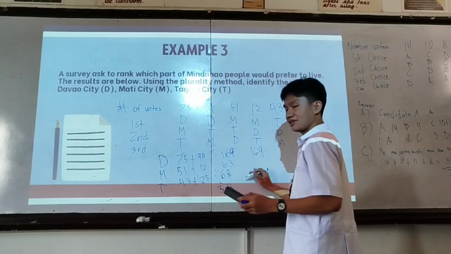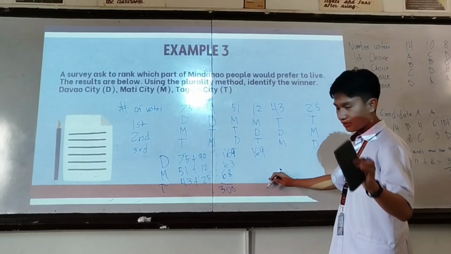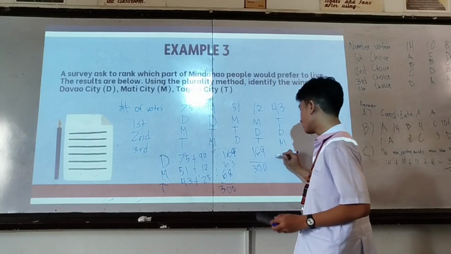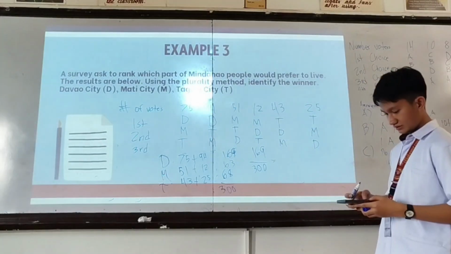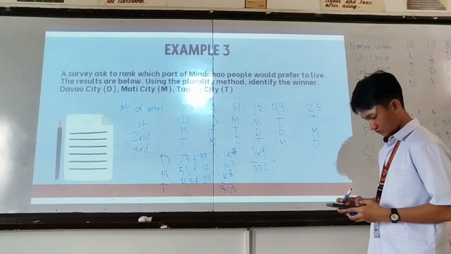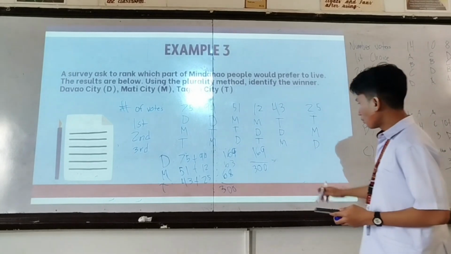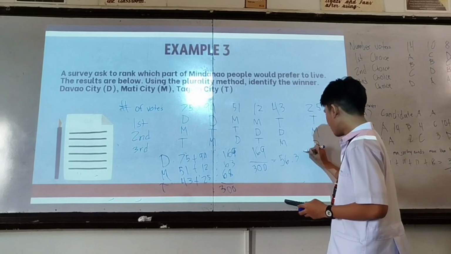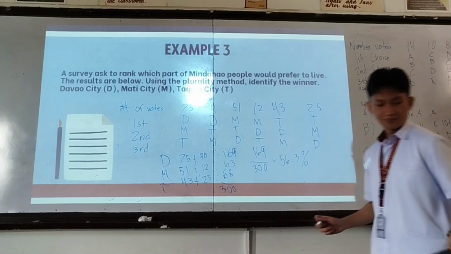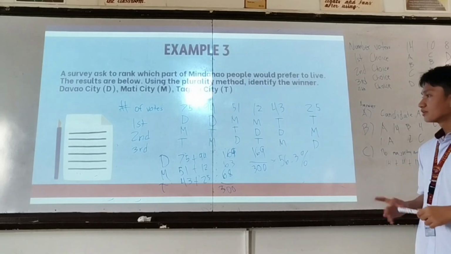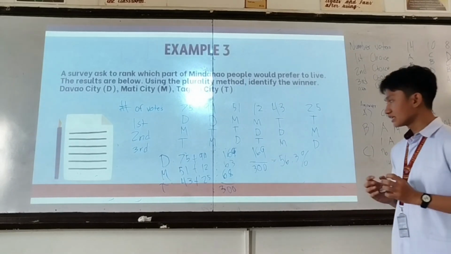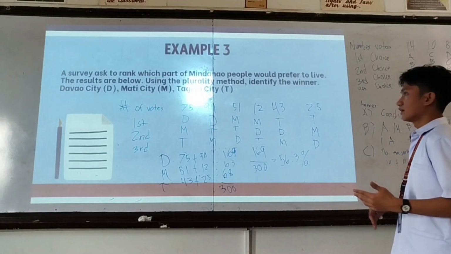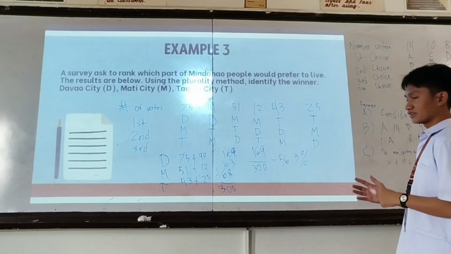Now, to determine the majority, we must divide 169 by 300, and we got 56.3%. So in totality, Davao City got the majority of people's preferred choice of city to live in, with 56.3%.